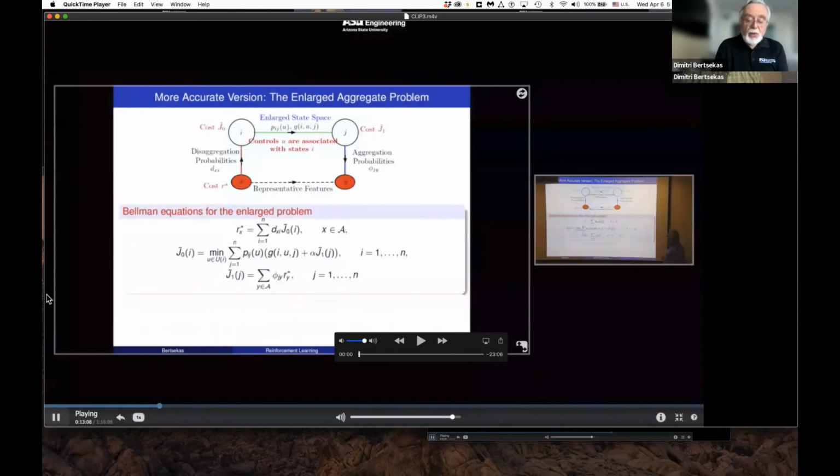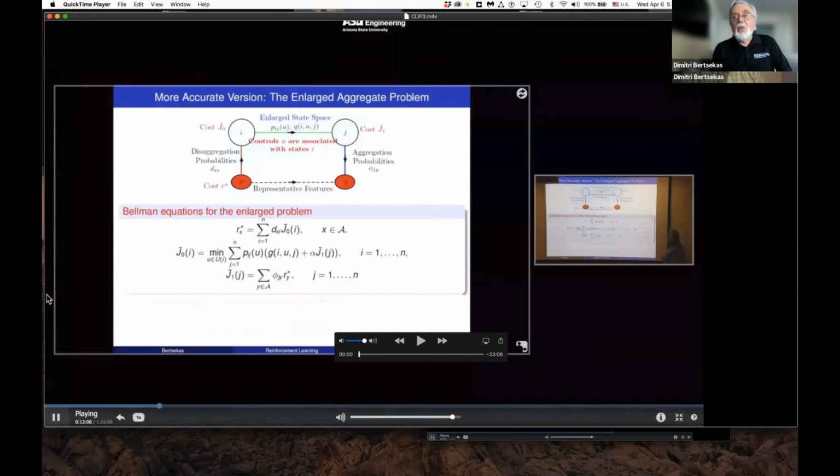Aggregation is based on ideas of problem approximation. Basically, we approximate the original problem with a smaller aggregate problem that's presumably easier to solve in order to get some kind of a cost function approximation J tilde to use in online play. And we define the aggregate problem by means of aggregate states and aggregation and disaggregation probabilities.